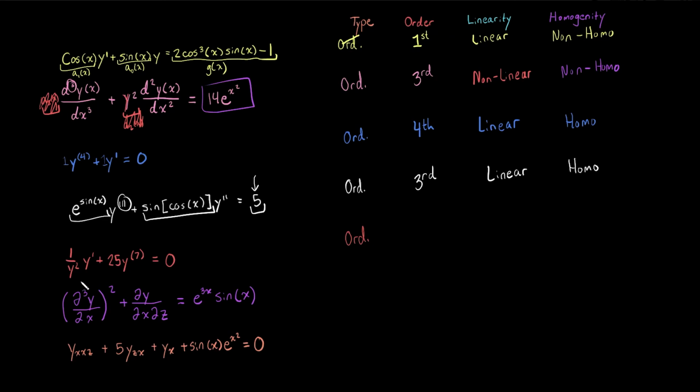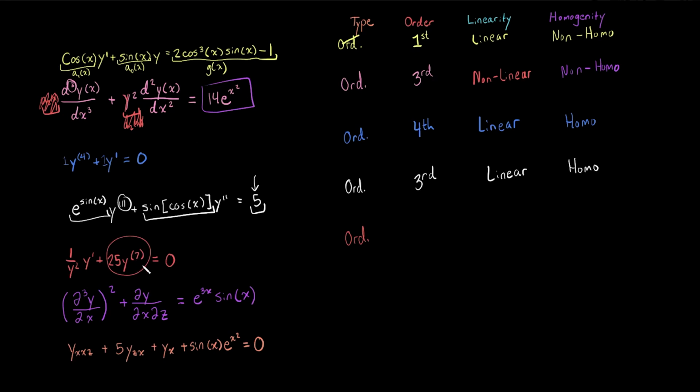Our order is going to be the highest derivative. Well, we have a 7th derivative right here, and you'll notice that this isn't the 7th power, but because there's a parentheses here, this is a different type of notation, but this represents the 7th order derivative.